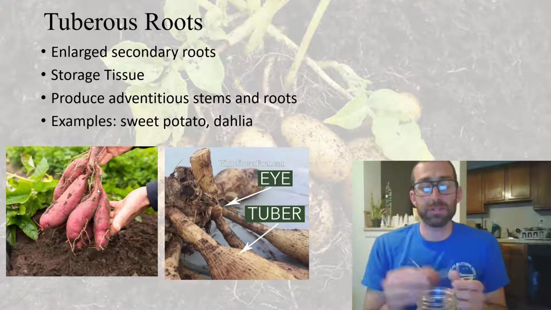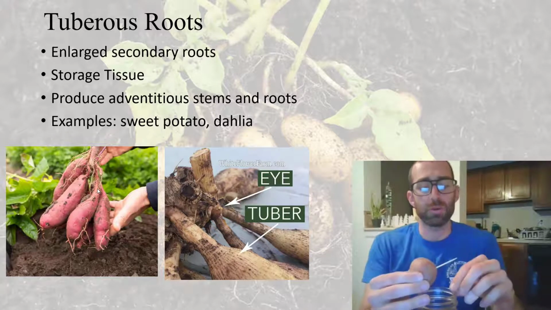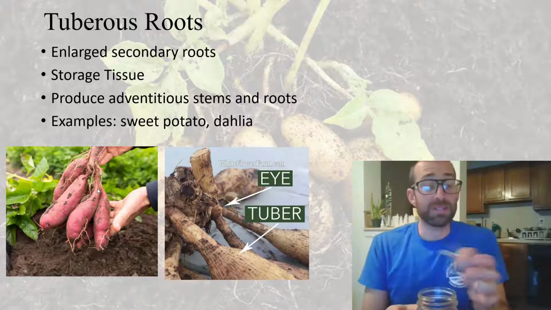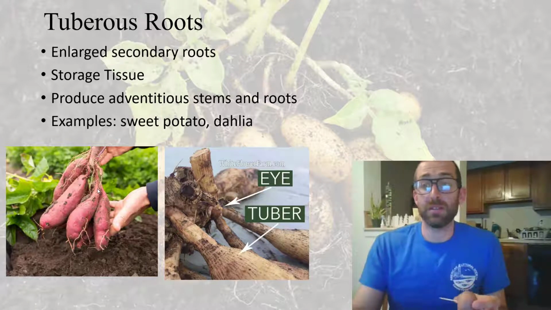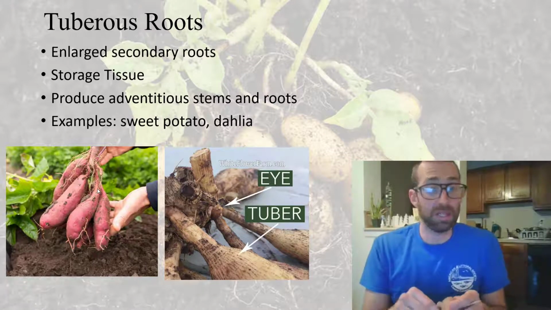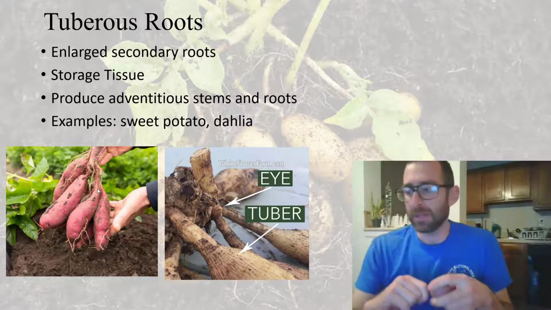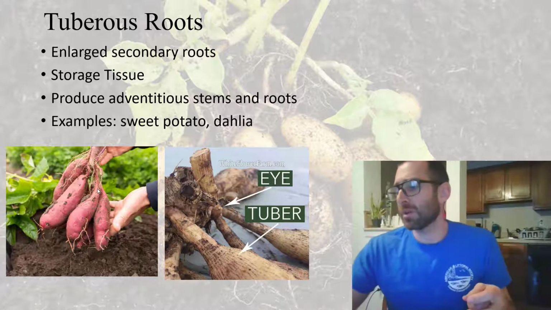Now, you want to make sure you're changing your water about once a week when you're doing this. You can also skip this water method and just grow them in a container. You can use some sort of soil.